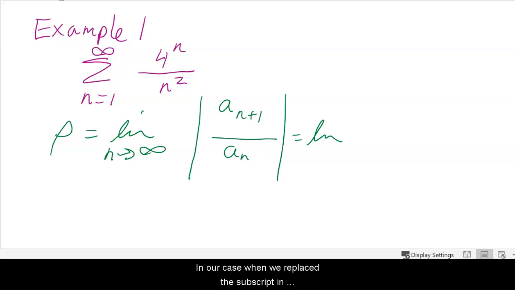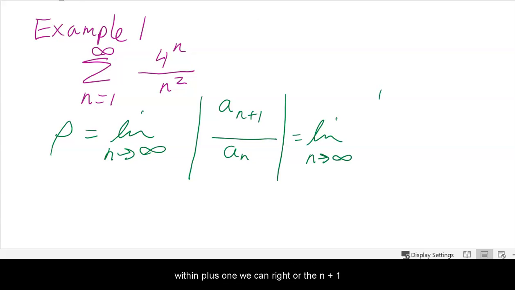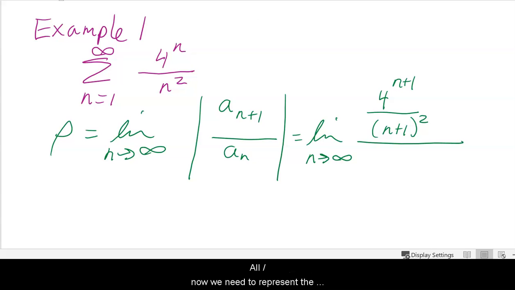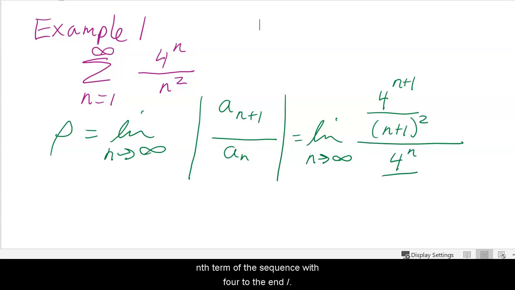In our case, when we replace the subscript n with n plus 1, we can write 4 to the n plus 1 divided by, in parentheses, n plus 1 quantity squared, all divided by, now we need to represent the nth term of the sequence with 4 to the n divided by n squared.